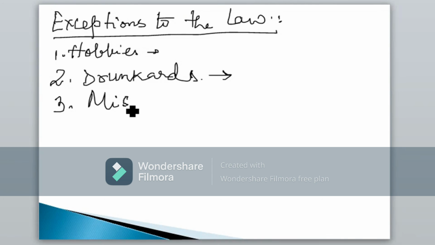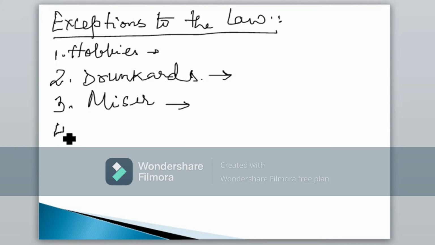We can consider misers. In the case of a miser, it is pointed out that greed increases with every additional acquisition of money, like she was asking, gold, silver. The more you acquire, it does not decrease the satisfaction.